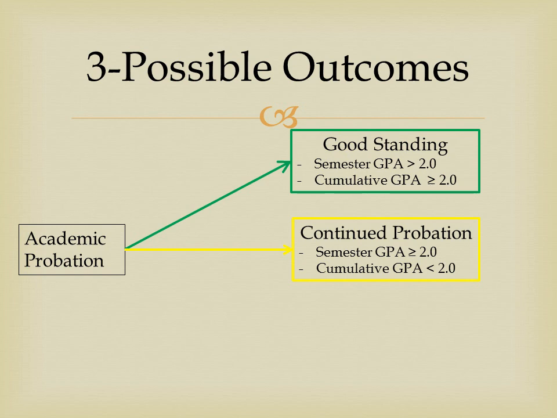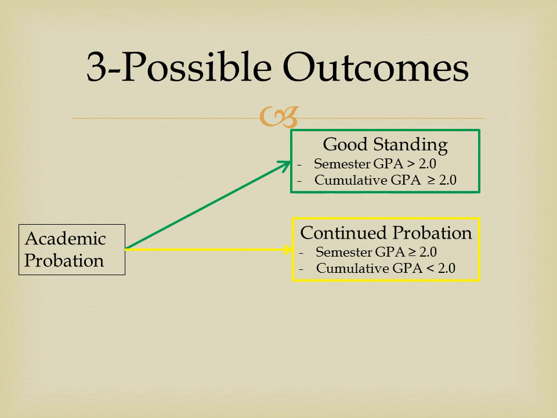And so here's where continued probation comes in. If your semester grades for the spring are at or above a 2.0, but your fall GPA was so low that your cumulative GPA is still below a 2.0, then you're placed on continued probation.